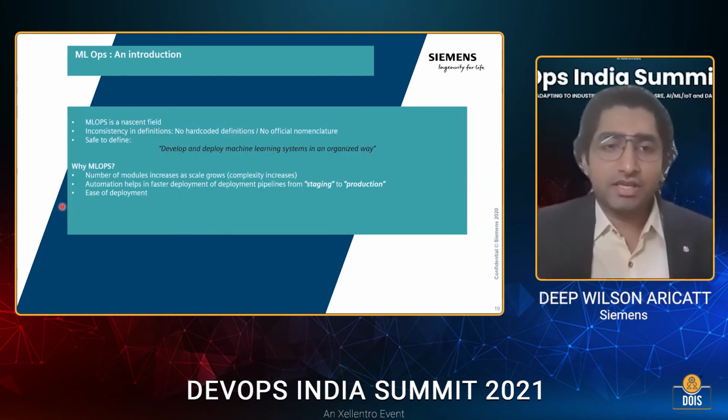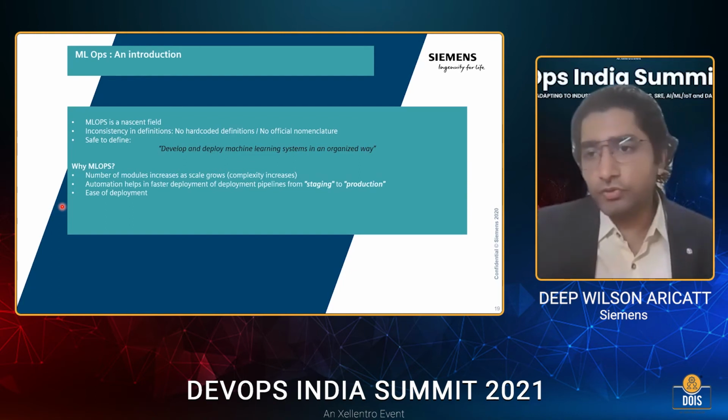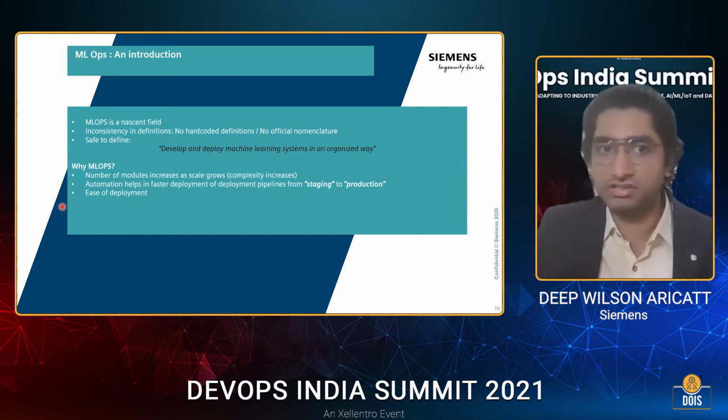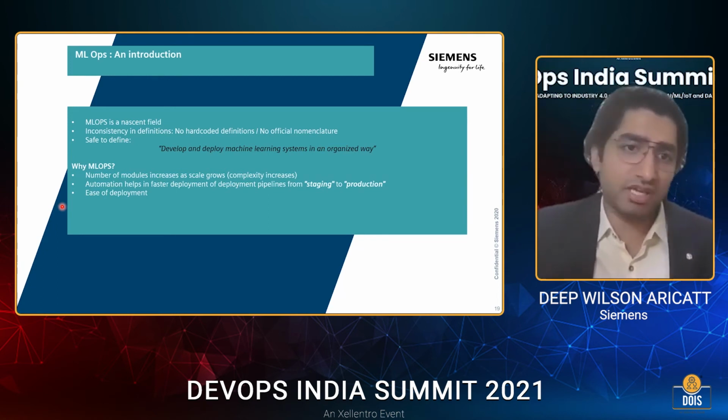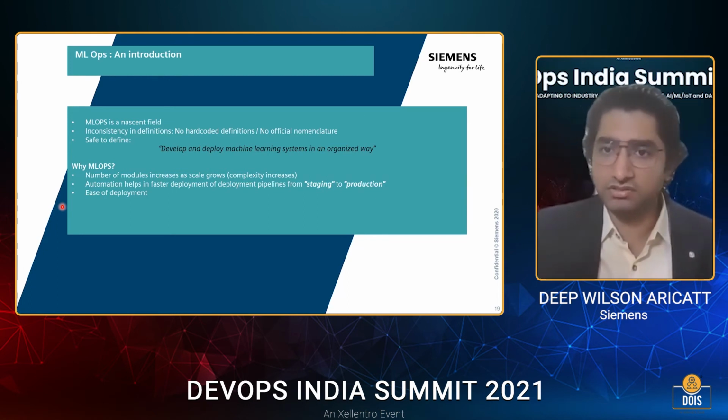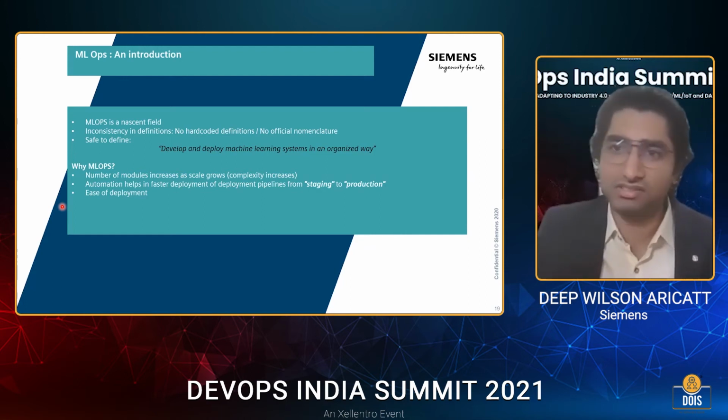Thank you, Anindya. Moving ahead, I'll be talking about how we can use MLOps to track your experimentation and make sure that you can push it into production seamlessly. MLOps is a very nascent field, so there would be inconsistencies in the definitions. There are no hard-coded definitions as such, nor is there much official nomenclature.